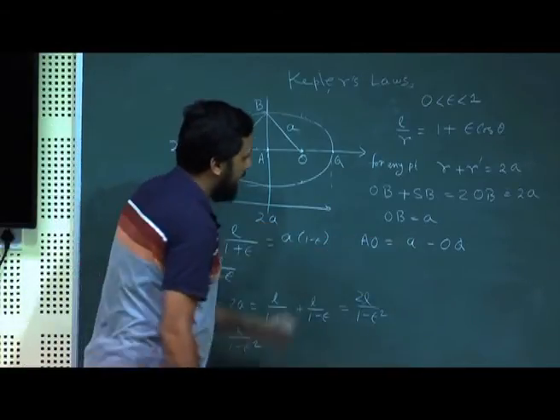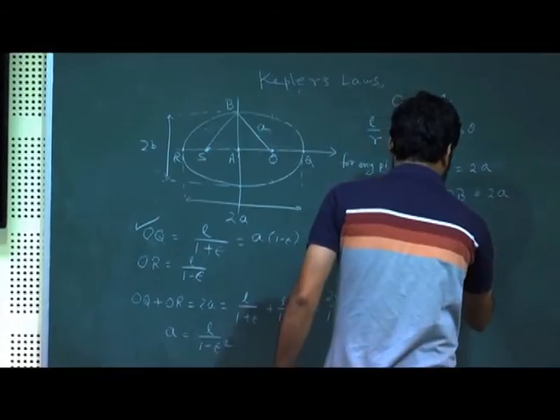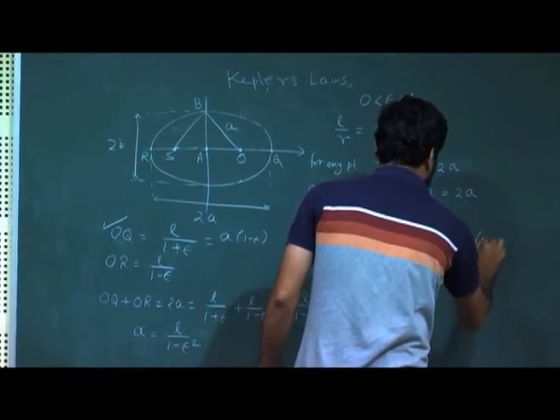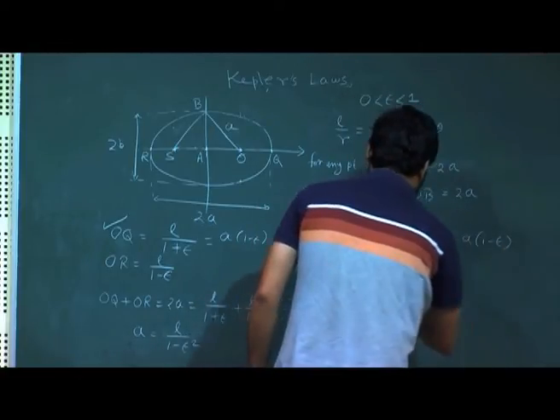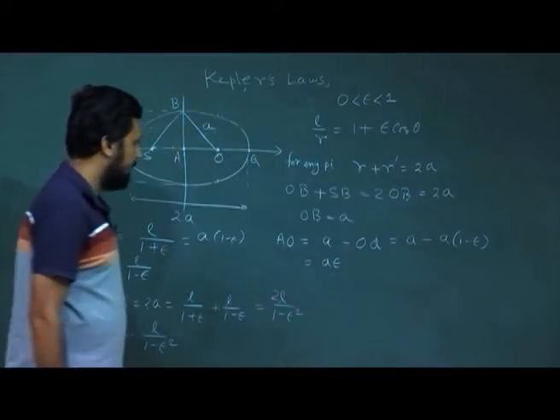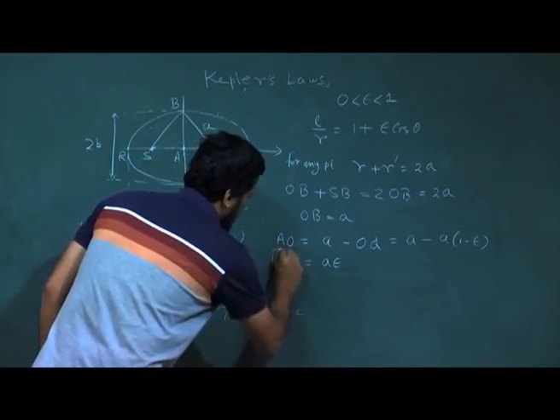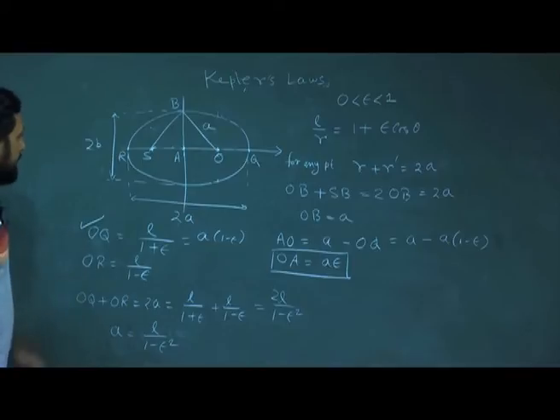Now, we go back to this relation and we see A minus A into 1 minus epsilon, which will be simply equal to A epsilon. So, AO is equal to A times epsilon, right.